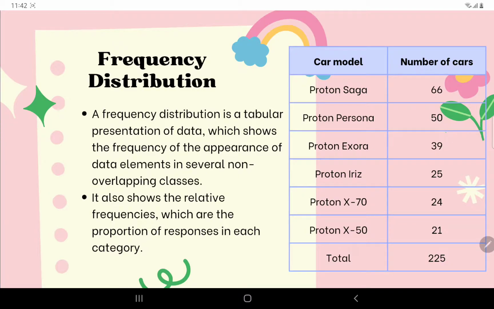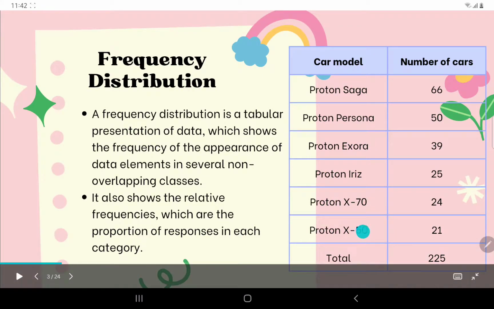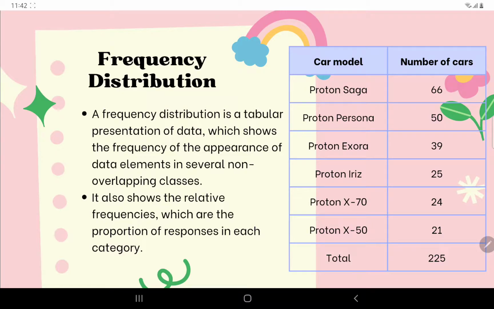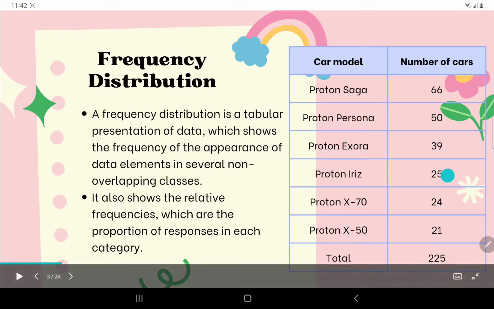The variable consists of 6 models of cars, namely Proton Saga, Proton Persona, Proton Azora, Proton Iris, Proton X70, Proton X50. This type of table is usually called a frequency table or frequency distribution for qualitative data. A frequency distribution summarizes data into different classes and their frequency.